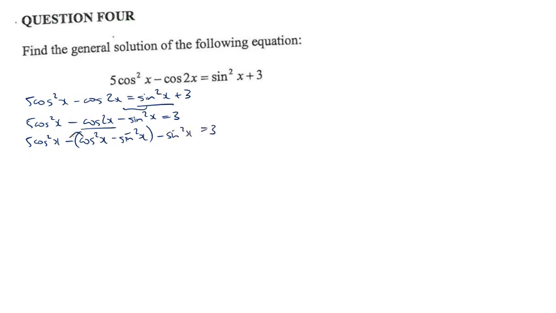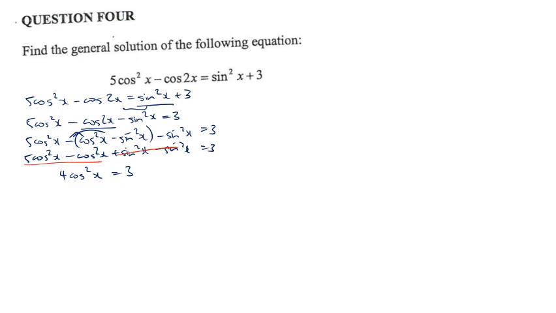If I expand this bracket, 5 cos squared x minus cos squared x plus sine squared x minus sine squared x is 3. Now, they'll cancel. This will simplify to just be 4. So I'm left with 4 cos squared x equals 3.